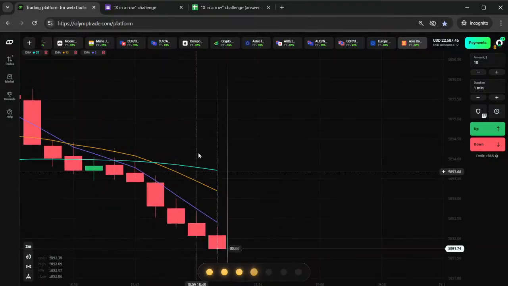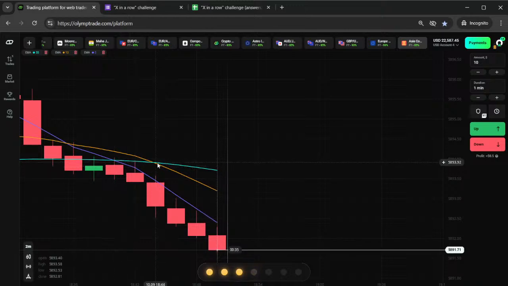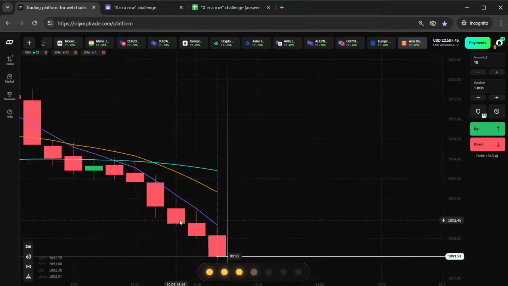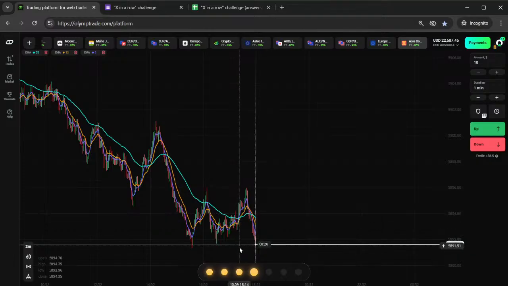If we are supposed to pick on the basis of this strategy, then the signal is quite old, because EMA 5 and EMA 13 both have intersected the 55, but almost 1, 2, 3, 4, this is the fourth candle. So I don't think that would be a wise decision.